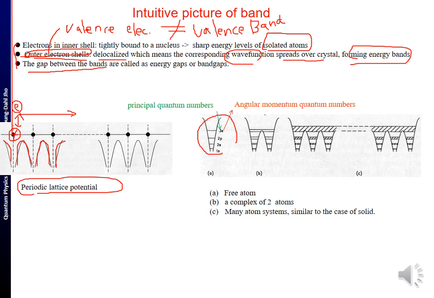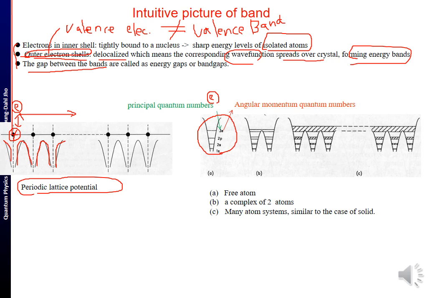for an isolated atom, between the electron and the nucleus, the nucleus surely has positive charges, so there is a bonding between them, electron and nucleus.